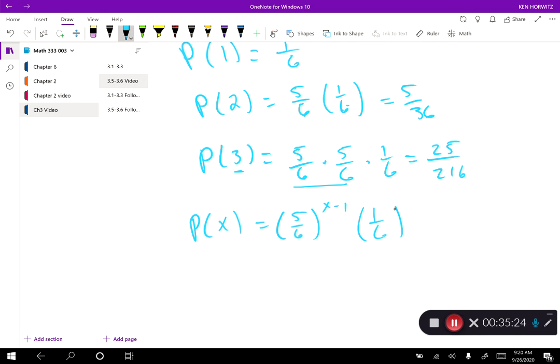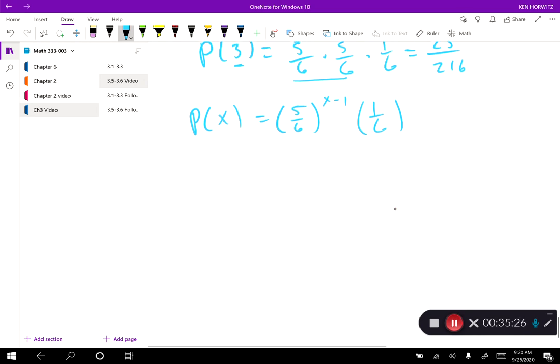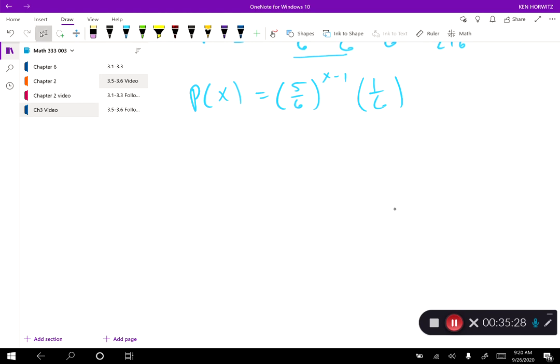Let's further generalize this. P of X equals, instead of saying Q, I'm going to say 1 minus P, which would be our failure, to the X minus 1 times P. And there is your formula for the geometric distribution.